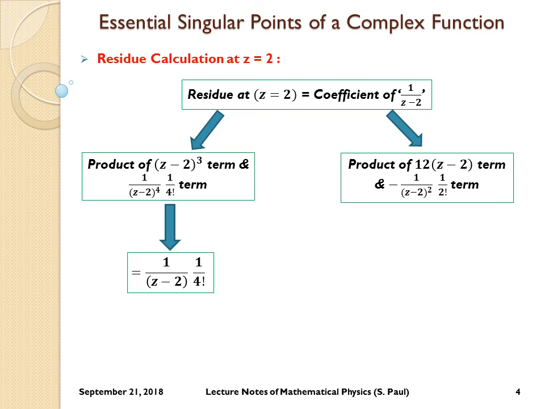So from the first combination we will get 1 by (z minus 2) into 1 by 4 factorial, and from the second combination we will get minus 6 by (z minus 2).